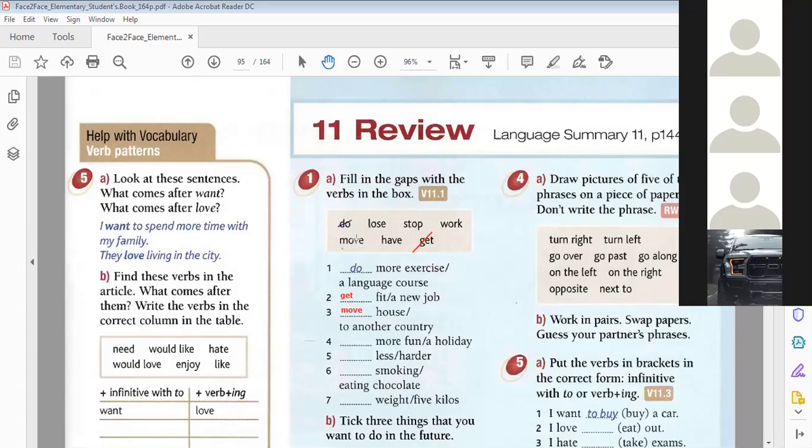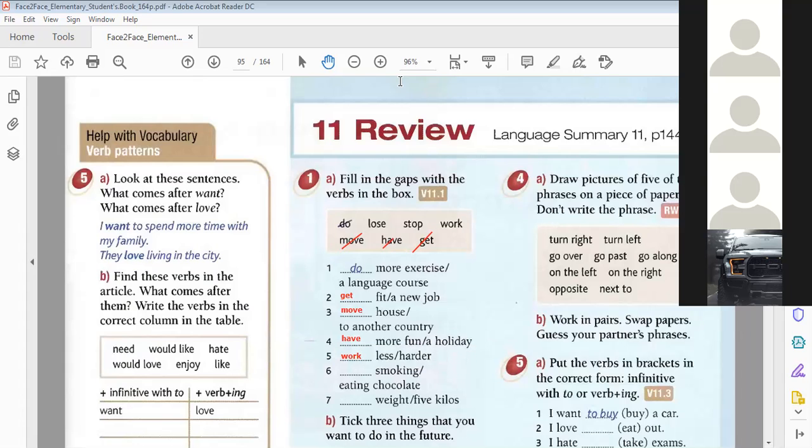Have. Very good. So we have more fun, we have a holiday. And number 5? Work. Correct. We work less and we work harder.